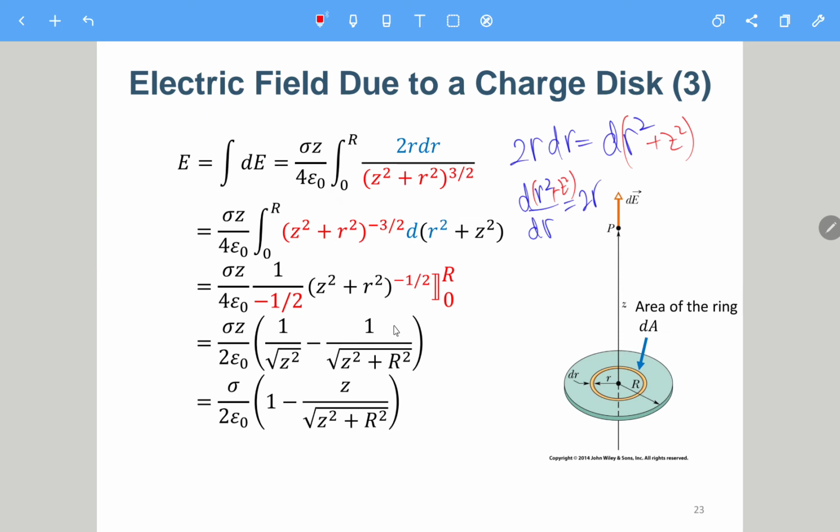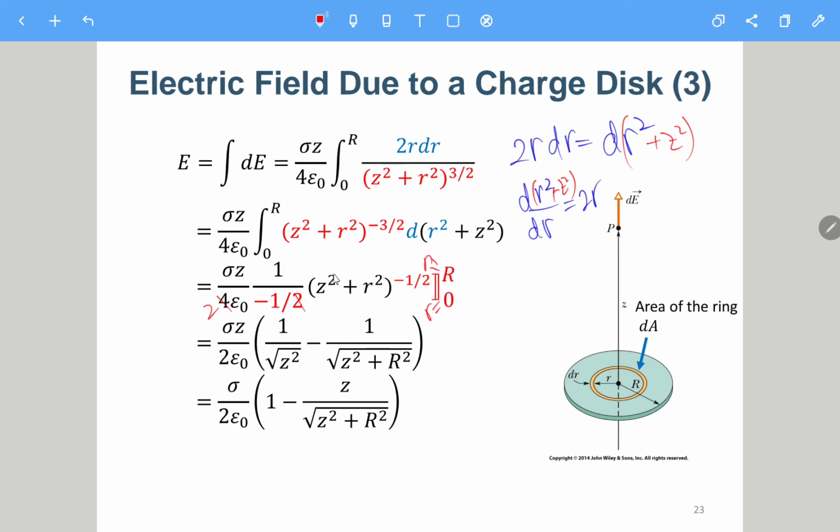Okay, so this 2 and this 4 can be partly cancelled. So we have a 2 here, 2 epsilon naught sigma z. And then we try to plug in the values. Because we have a negative sign, we put in 0 in this expression. Actually, here we should have r to be 0, r to be capital R. So let's put r to be 0.